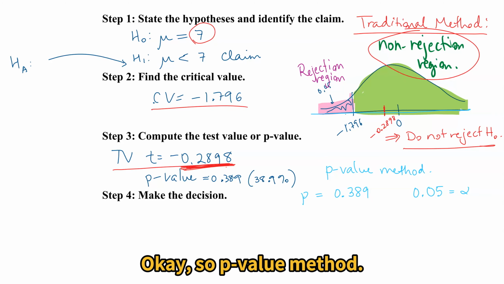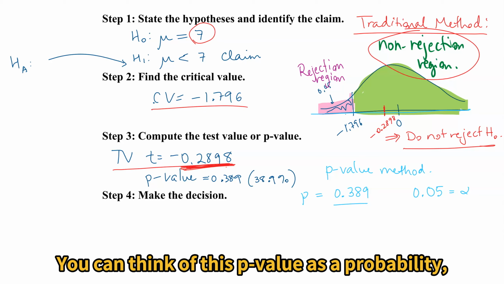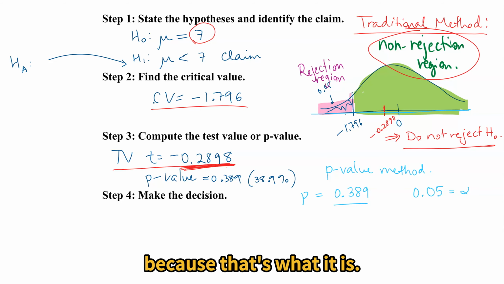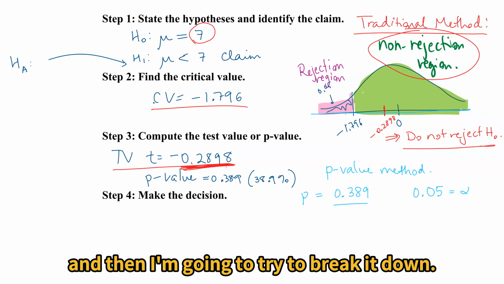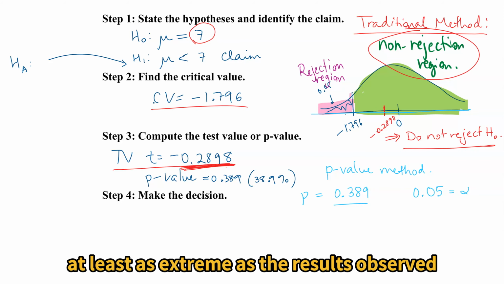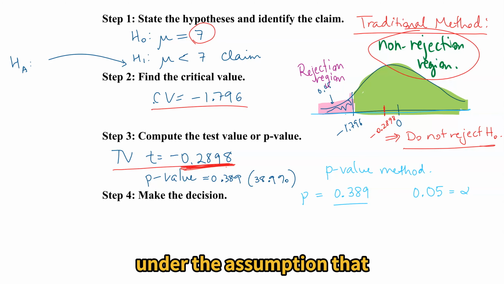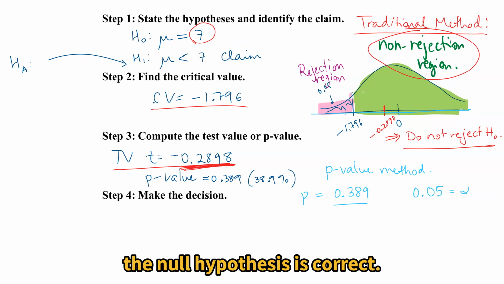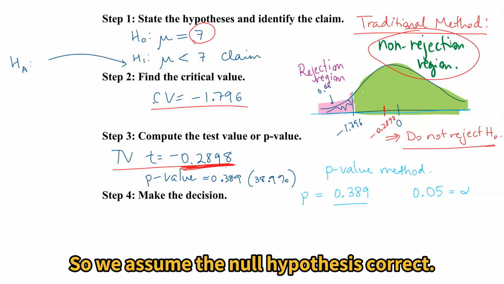Okay, p-value method. You can think of this p-value as a probability because that's what it is. So I'm going to read a formal definition and then break it down. A p-value is the probability of obtaining test results at least as extreme as the results observed under the assumption that the null hypothesis is correct. So we assume the null hypothesis is correct.